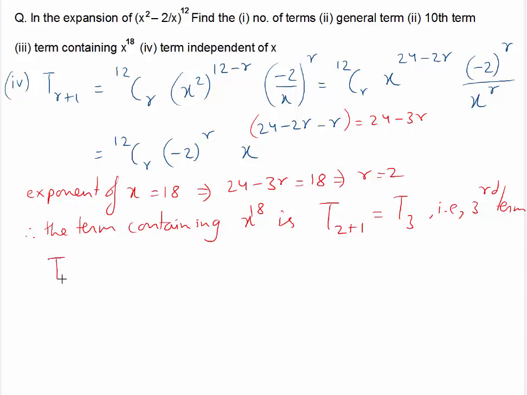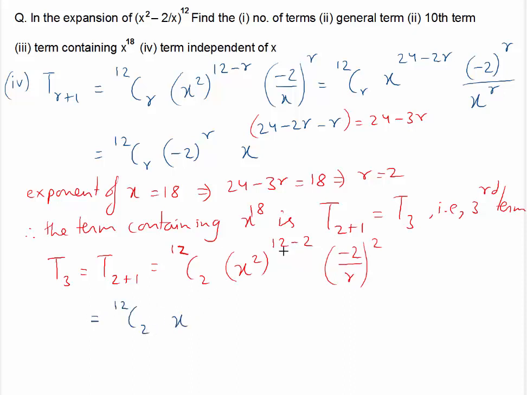Now if we want to find out, it would be 12c2 x square whole to the power 12 minus 2 and minus 2 by x whole to the power 2. So this would give us 12c2 x to the power, this would be 10, so this would be 20, and this would be 4 divided by x square.